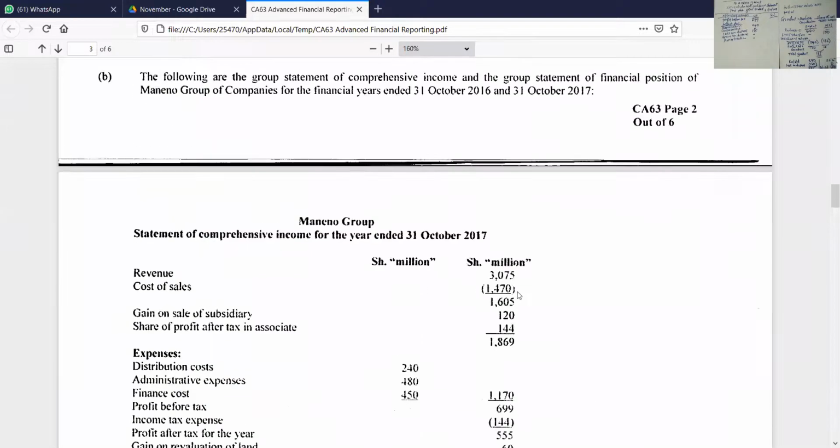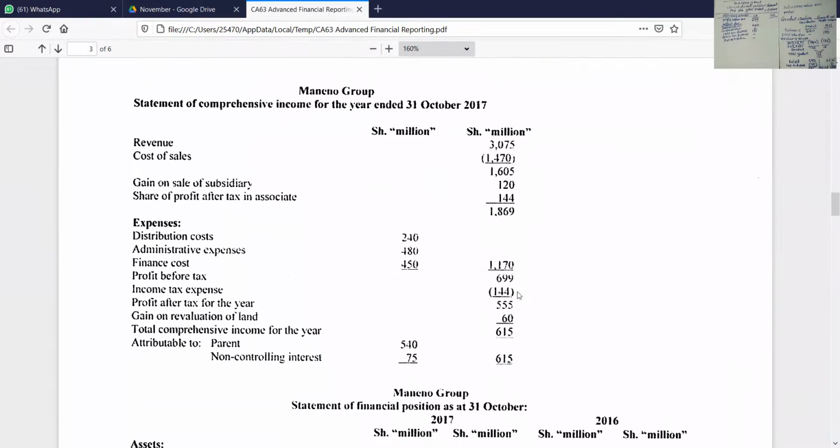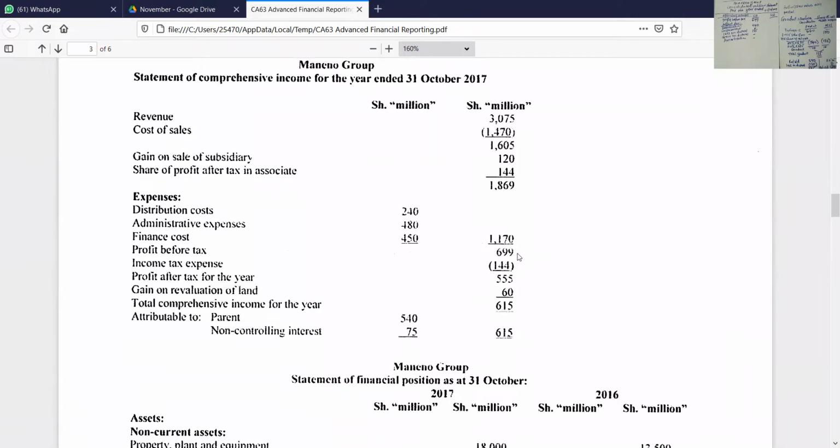Under this income statement, there are again some items you need to adjust. Remember that our profit before tax is 669 here. So you can see there's finance cost, admin, distribution cost, share of profit after tax in associate, gain on sale of subsidiary, cost of sales and revenue.